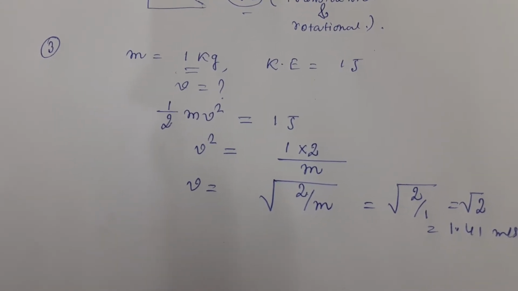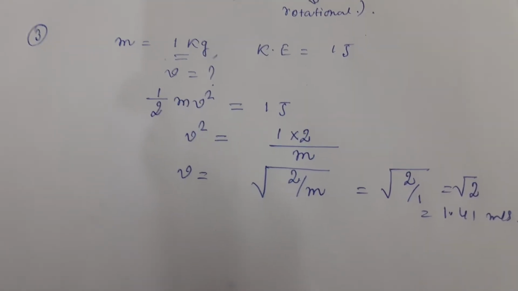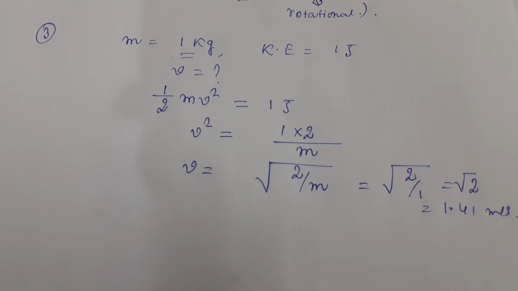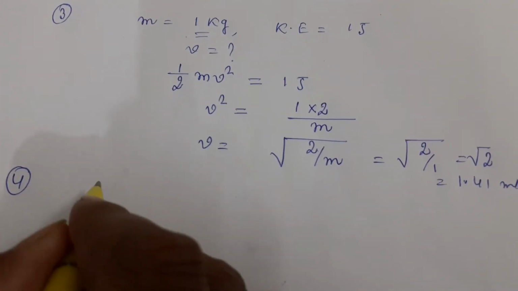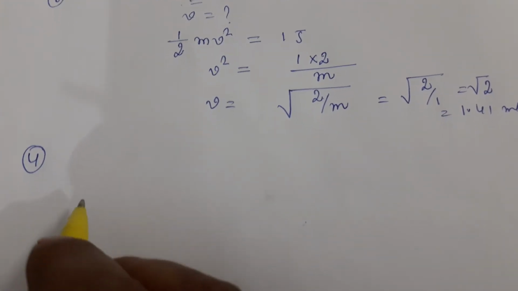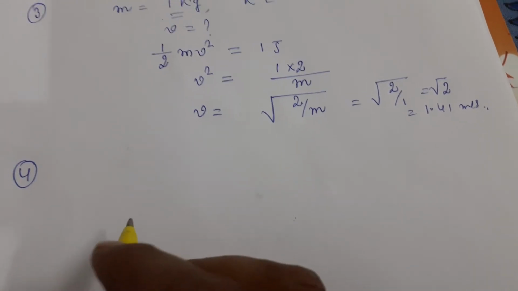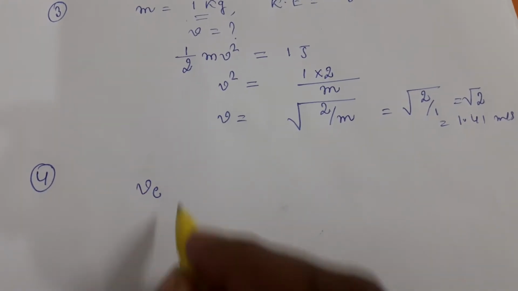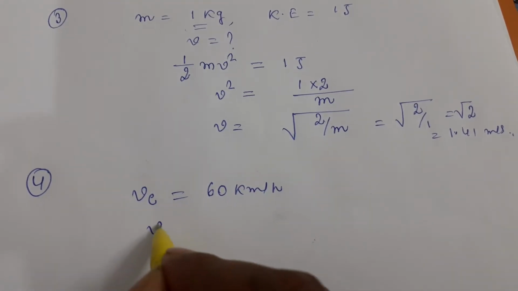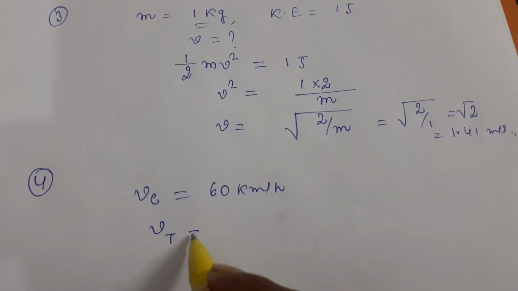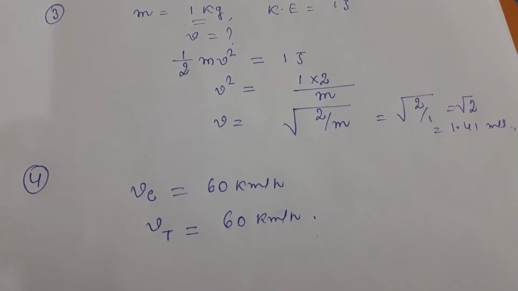Now come to question number 4. A car and a truck are moving with the same velocity, 60 kilometer per hour. The velocity of the car is 60 kilometer per hour, and the speed of the truck is also 60 kilometer per hour.